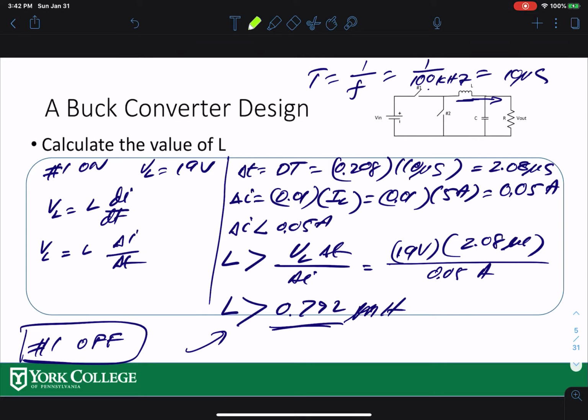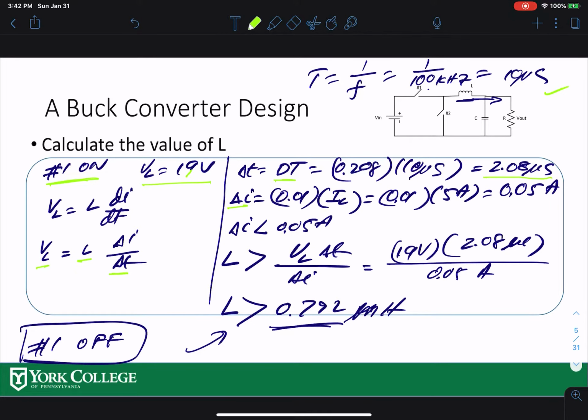Now, let's calculate the L value for these given specifications. T is 10 microseconds, and we're doing only switch 1 on for now. VL is 19 volts, as you have seen in the last slide. So VL equals L di/dt, and I can convert di/dt to delta I over delta t, and we're looking for L. We know VL is 19 volts, delta t is DT, which is 2.08 microseconds, and delta I is 1% of the inductor current.